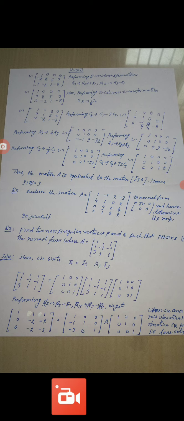Now one more example. Find two non-singular matrices P and Q such that PAQ is in the normal form, where A is equal to: first row 1 1 1, second row 1 minus 1 minus 1, and third row 3 1 1.